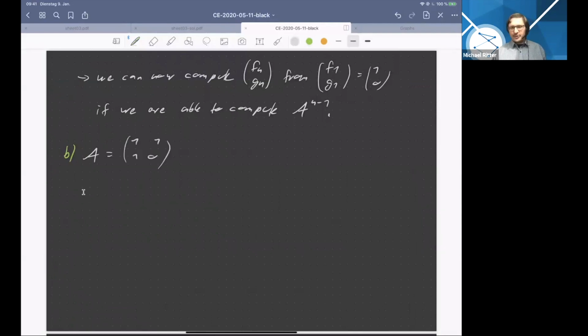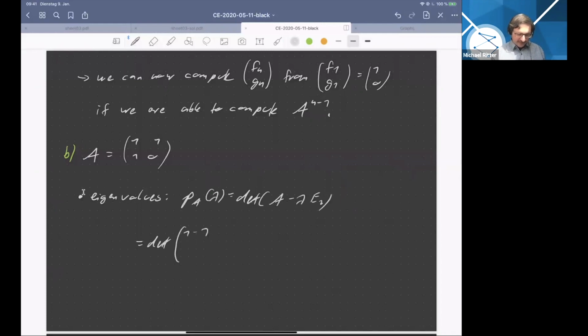So in order to determine the eigenvalues, we will determine the characteristic polynomial PA of lambda. That's the determinant of A minus lambda E2. So we have the determinant of 1 minus lambda, 1, 1, and 0 minus lambda.